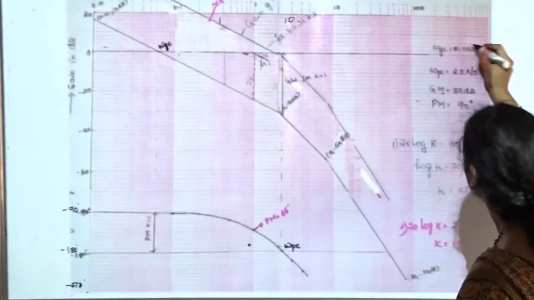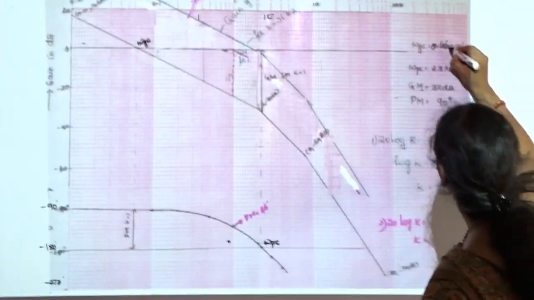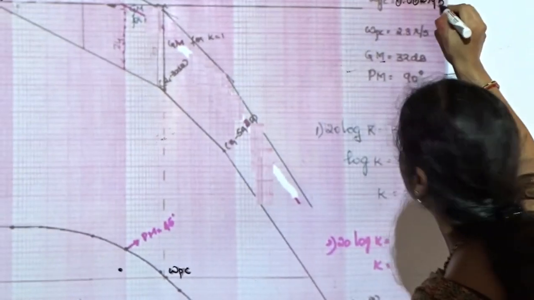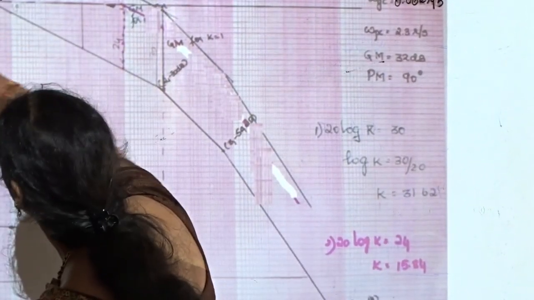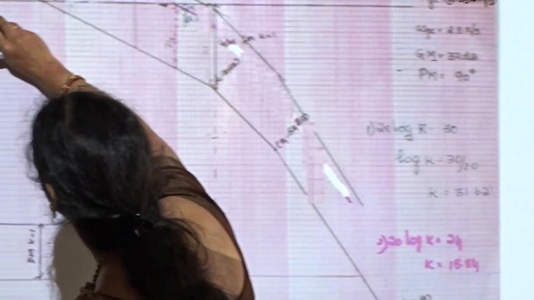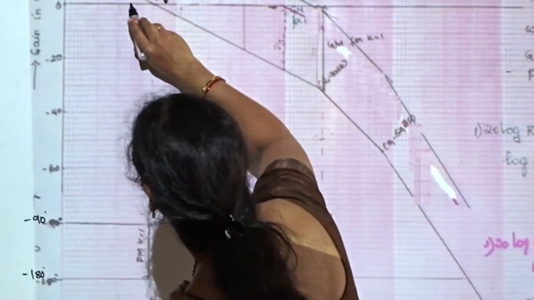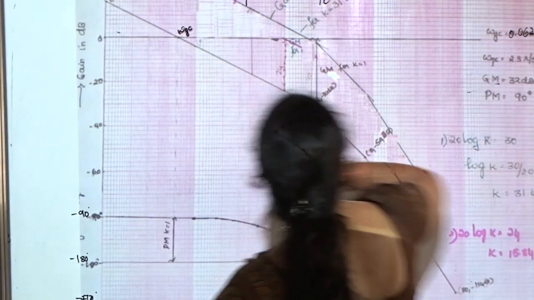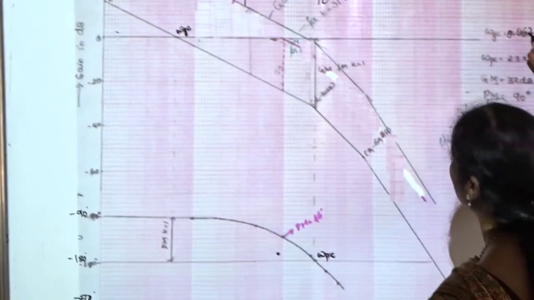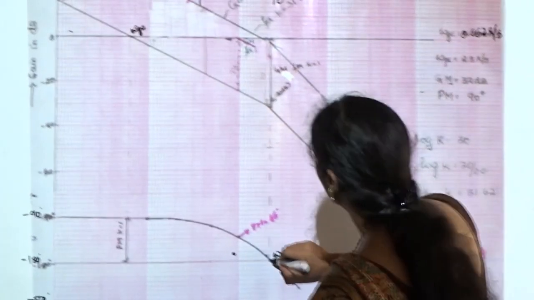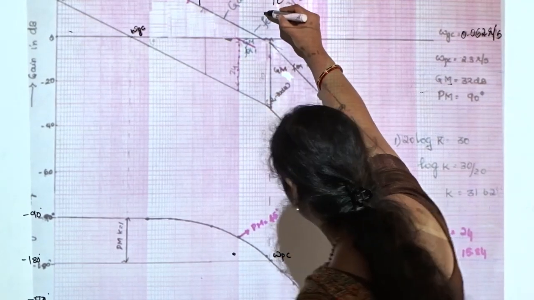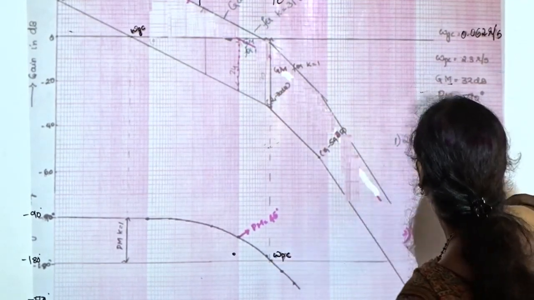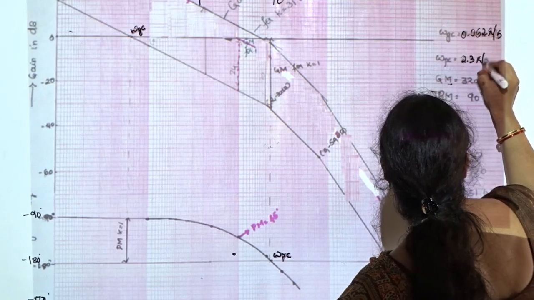If you see, omega GC is 0.062 radians per second. This is 0.02, 0.03, 0.04, 0.05, 0.06, then next to that, so it is 0.062 radians per second. Here this is 1, this is 2, it has crossed somewhere, so it is 2.3 radians per second.